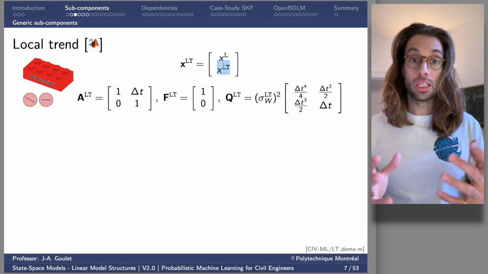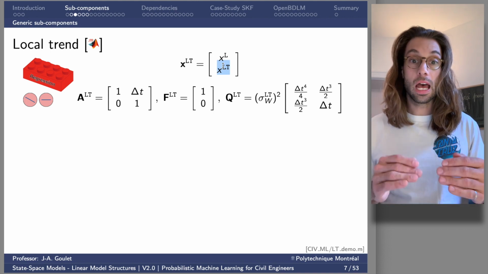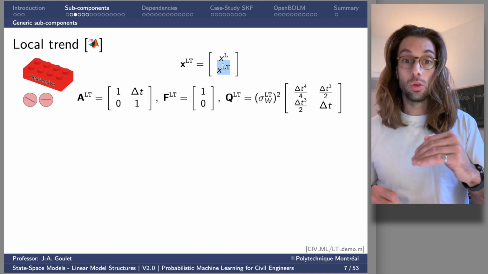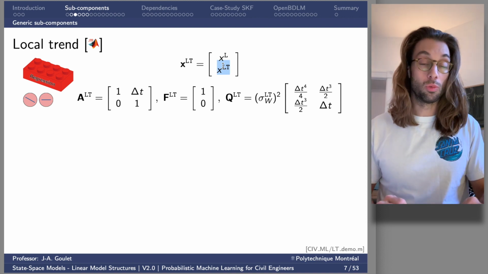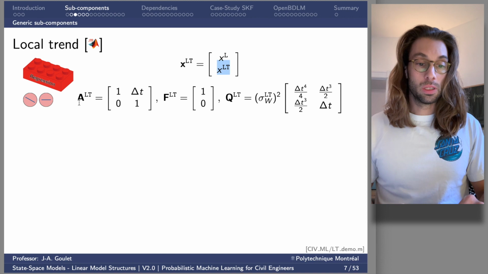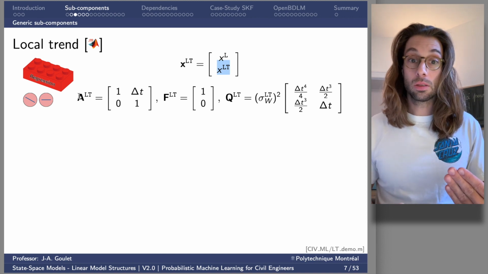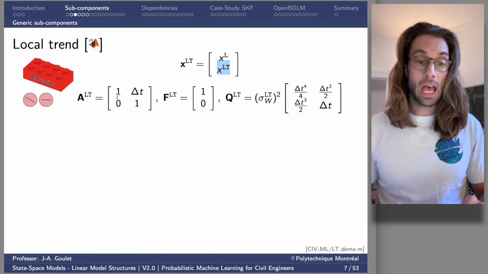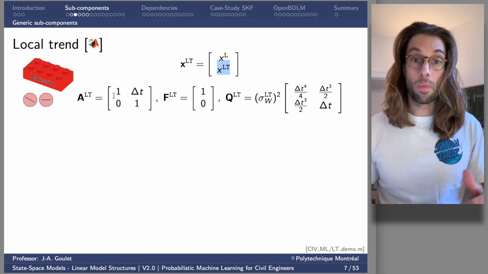These two variables represent a process that evolves at a locally constant speed over time. We're going to look at this. Since I have two hidden states, my transition matrix is going to be 2x2.